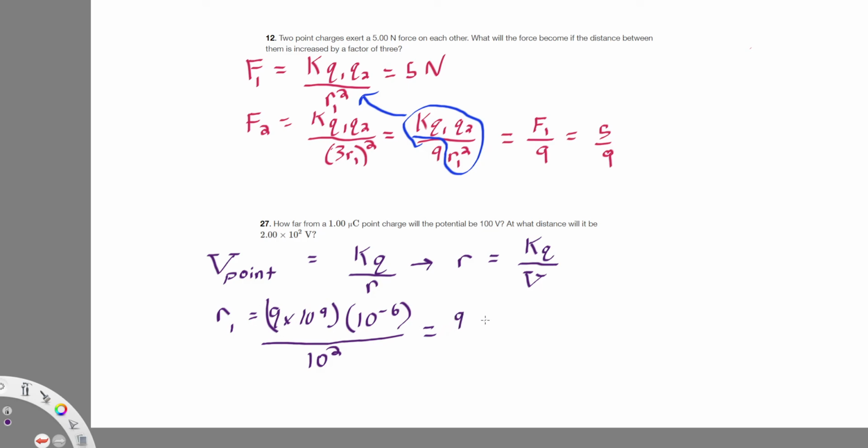So we have a 9 times 10 to the, and we have positive 9 in the numerator and a negative 6. So that leaves us with a positive 3 overall, and then divided by 10 to the 2 in the denominator. That leaves us just 10 to the 1. And of course, if we're using SI units here, this is going to be 90 meters.